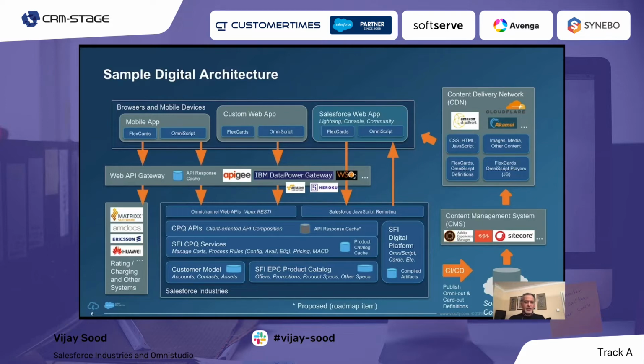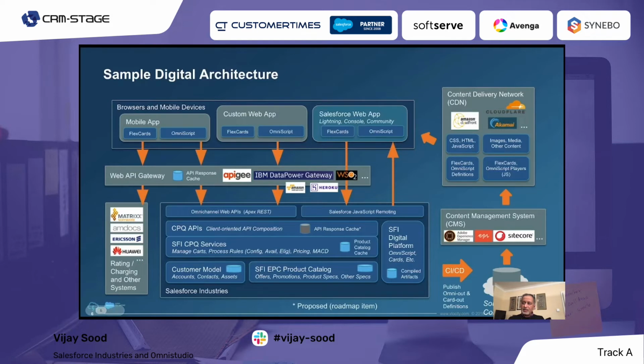This is configure, price, and quotations. As for telco, customer models and process models, claims management, policy management in insurance, etc. Utilization of the product catalog to render information either on the front end or integrate with calculation engines like Matrix, rating engines, and billing engines.